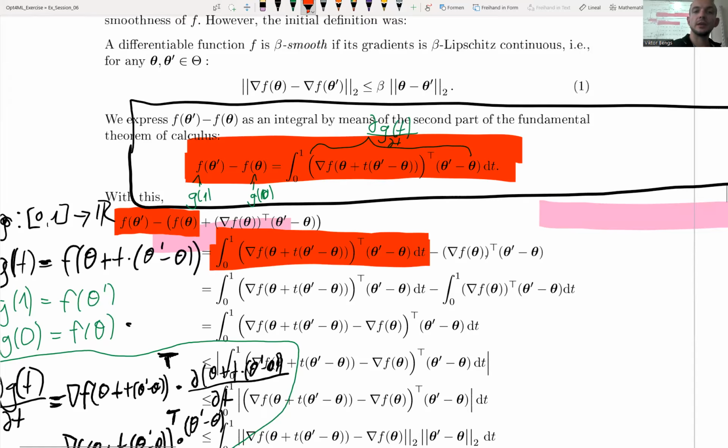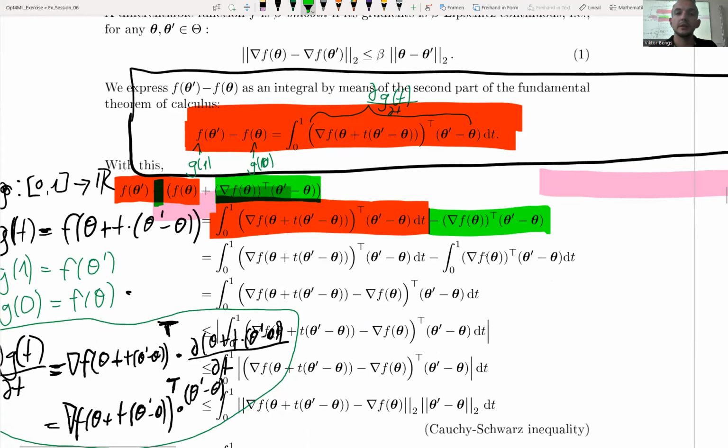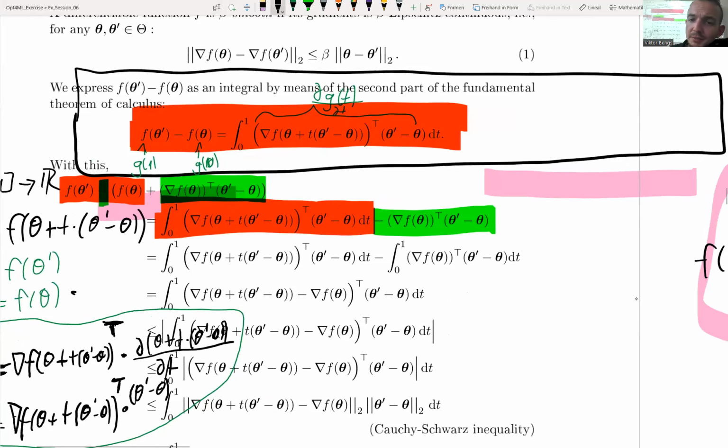The remaining thing, don't forget about the minus, is here. Inner product of the gradient of f evaluated at theta with the difference between theta prime and theta. This thing here we can also express as an integral, because we can multiply with the 1, namely the integral of the one function from 0 to 1.